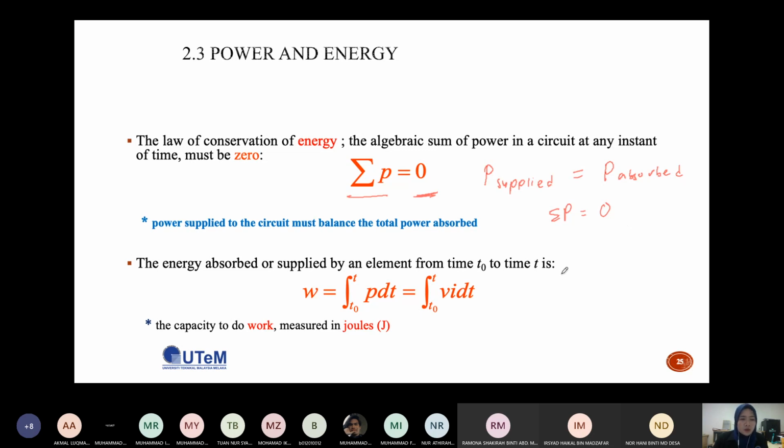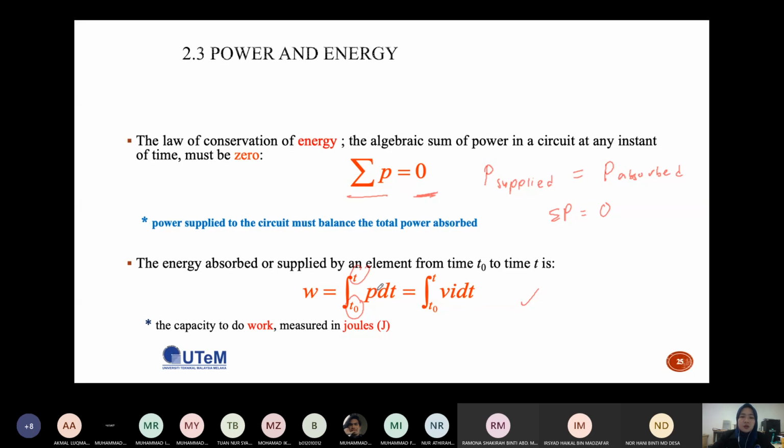Next, the energy absorbed or supplied by an element from time t0 to time t is represented as this one. This is energy, which uses the symbol W. Energy is basically the integration of power from time t0 to time t.